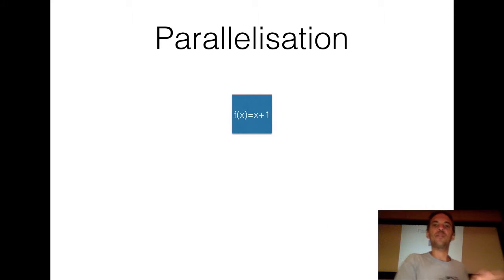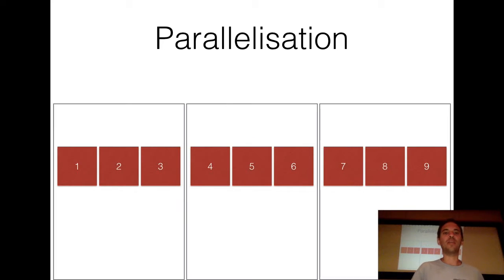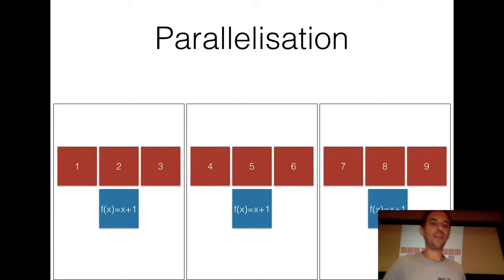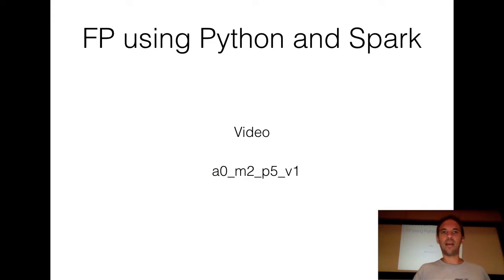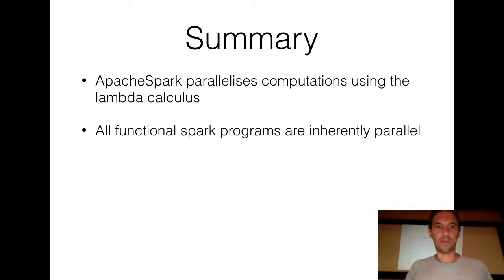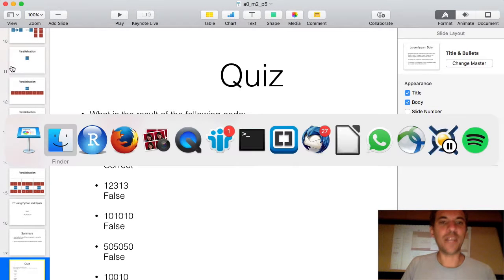The key thing is you can easily parallelize it. You can take the data set, partition it, and run that same function on each partition in parallel, and you get the same result. That's the key idea. You can look at that if you take the course.